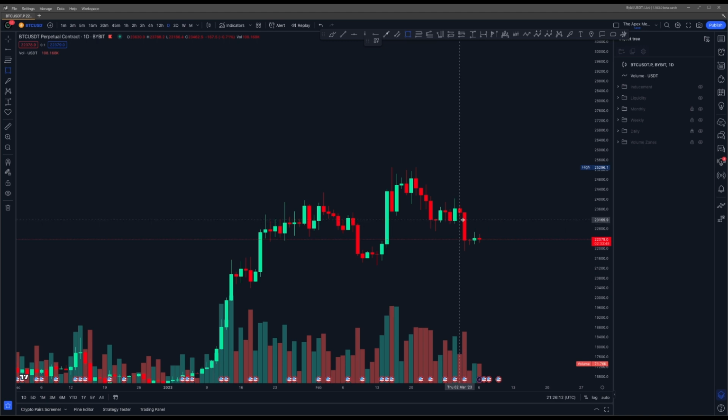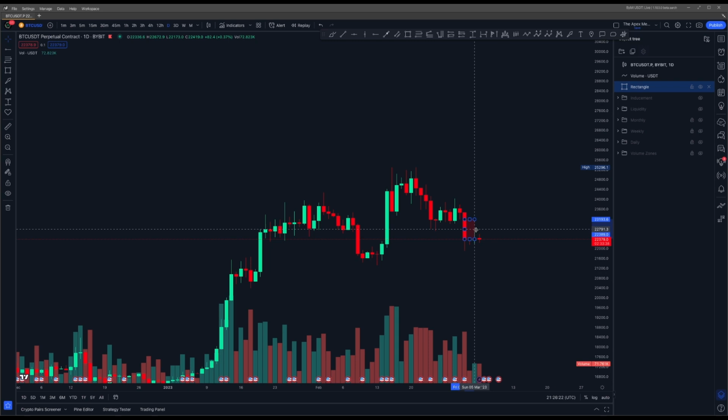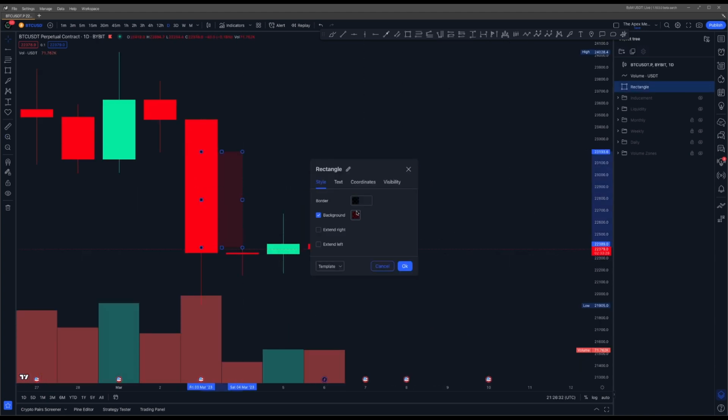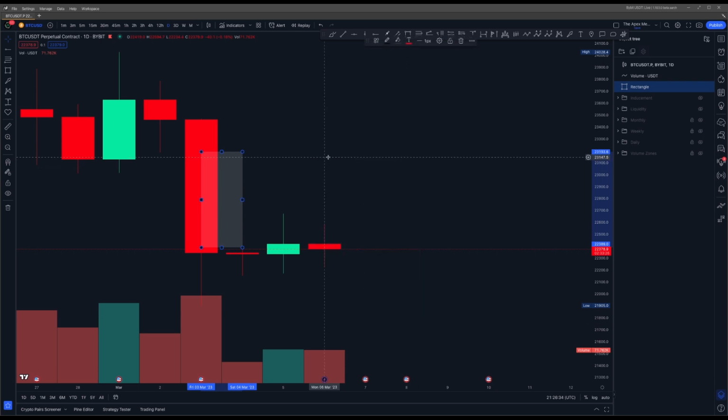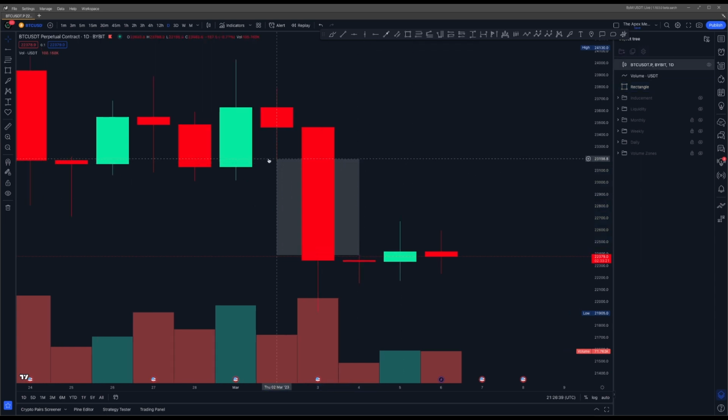The gap is from here. If it was just, in fact, let me take that off and that off. If it was just this candle, I'm going to zoom right in. I'm going to colour that white. You can see the candle there to the wick there. That's the gap. The gap between the wicks on either side.